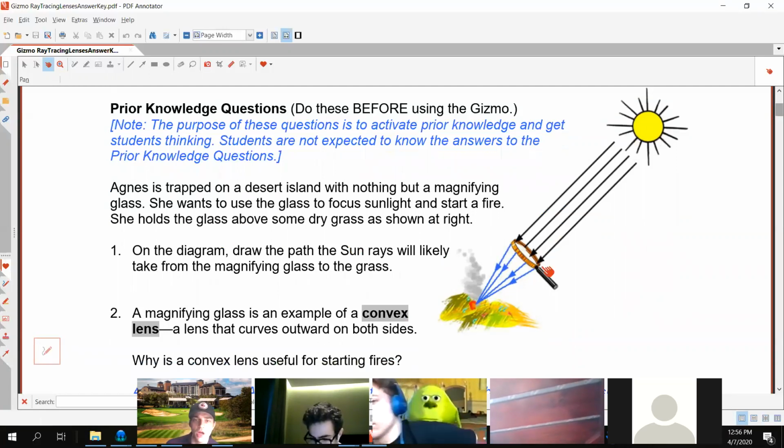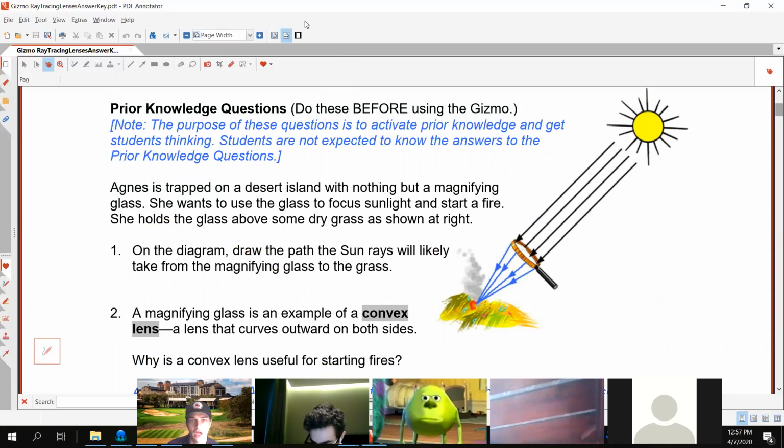So again, the key word here is converging, right? Agnes is trapped on a desert island with nothing but a magnifying glass. So a magnifying glass, we know in this optics unit, means that it's going to be a converging or convex lens. Anytime we see the word magnifying glass, we know that means that it's converging, okay?